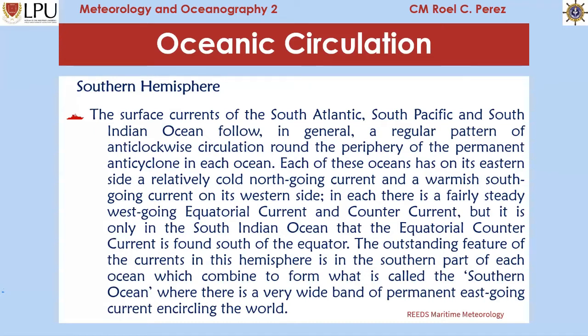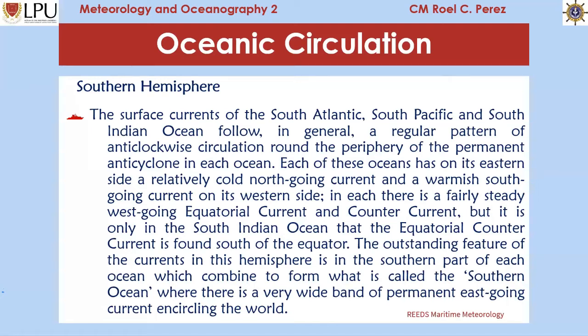Each of these oceans has on its eastern side a relatively cold north-going current and a warmish south-going current on its western side. In each, there is a fairly steady west-going equatorial current and countercurrent. But it is only in the South Indian Ocean that the equatorial current is found south of the equator.